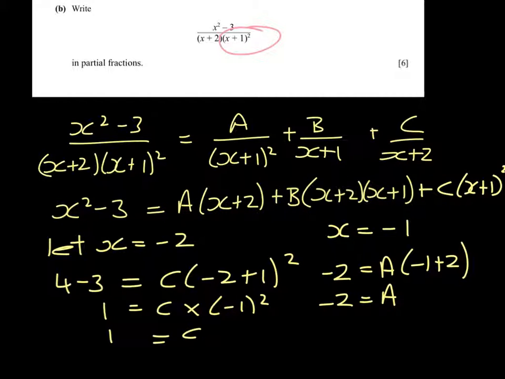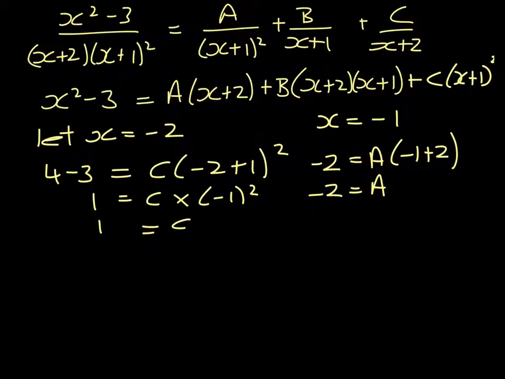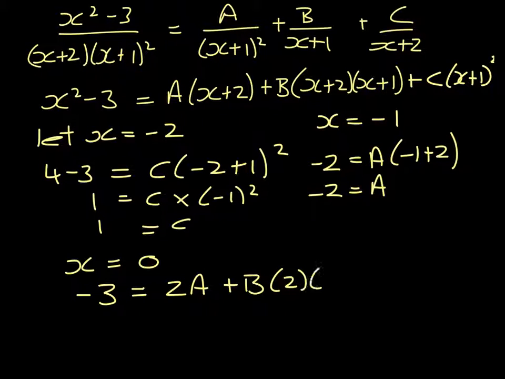There isn't a third value that, if I substitute it in, will allow things to simplify, so I'm going to use x equals 0. On the left hand side, minus 3, then have a upon 2 plus b upon 2 plus c upon 1 squared.